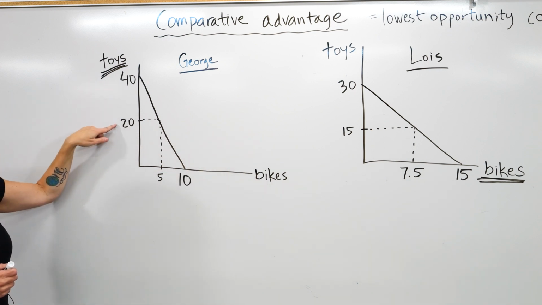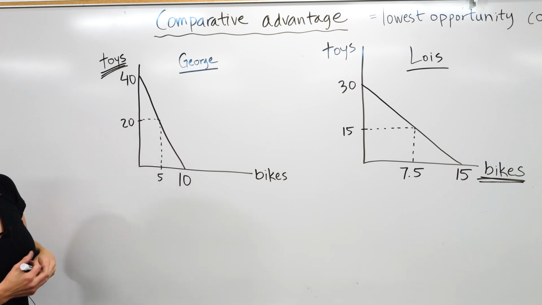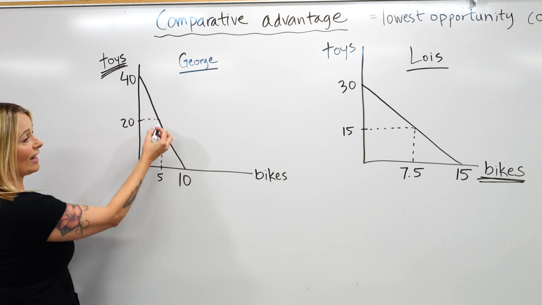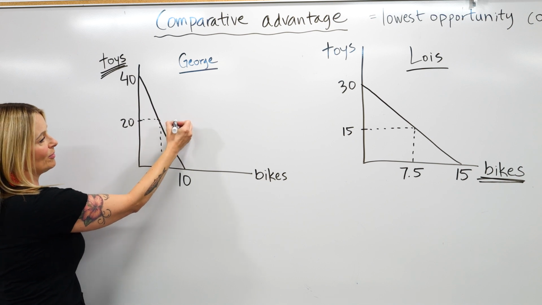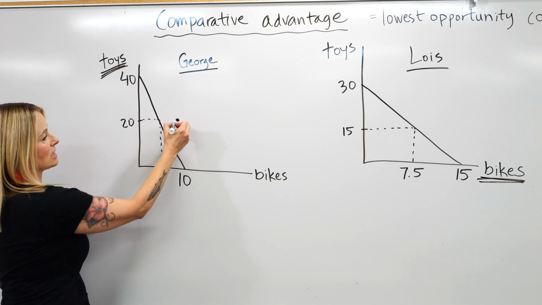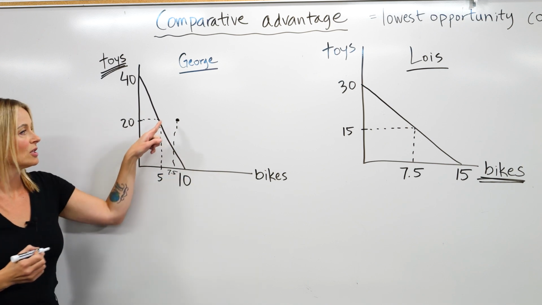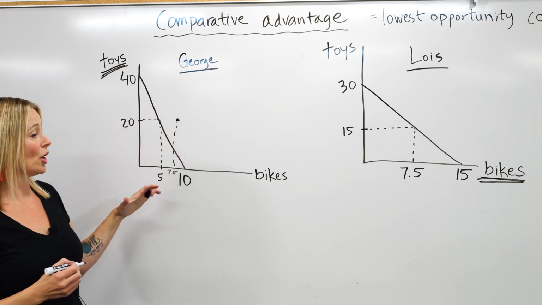Remember I had put the halfway points on here before as a comparison. Instead of being at the possibility of 20 toys and 5 bikes, which he could do on his own, he's now getting 20 toys and 7.5 bikes. So this is 7.5, we pretend that that's a straight line. So he's outside of his production possibility frontier, which he could not have done on his own.